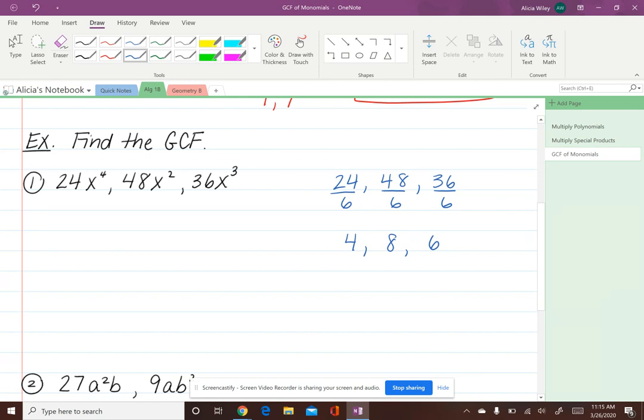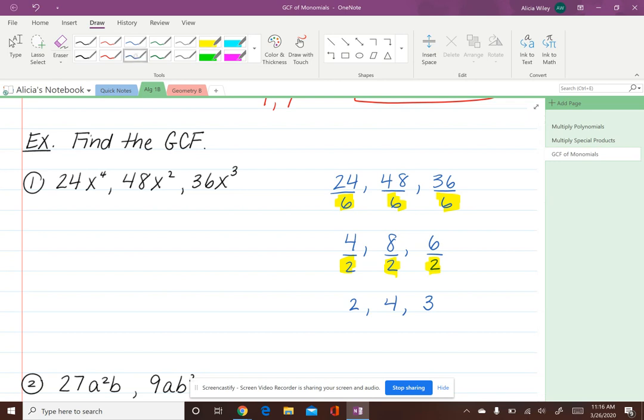What number do they have in common? Right, they have a 2. So I could divide each of those by 2. Dividing each of those by 2 would give me a 2, a 4, and a 3. And you can see that the result of that division gives me 3 numbers that don't have any more numbers in common other than the number 1. So that means that my GCF is the product of what I divided here and what I divided here.